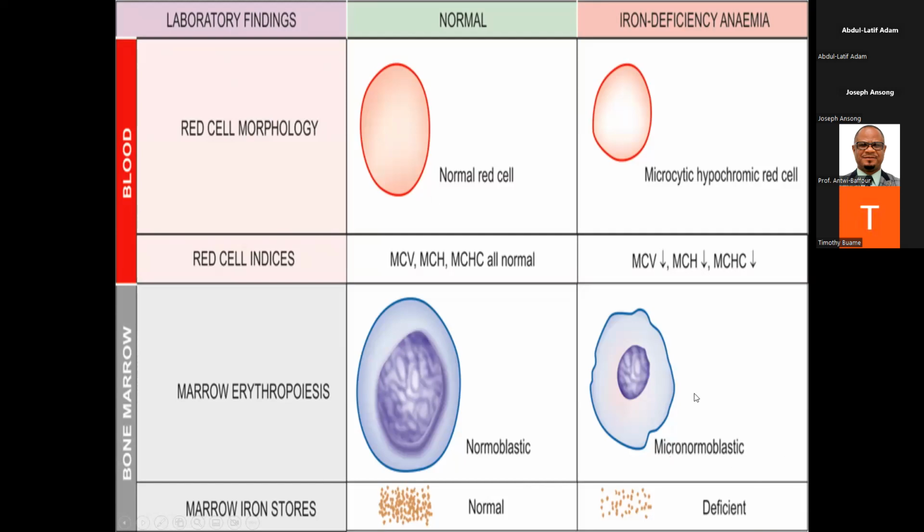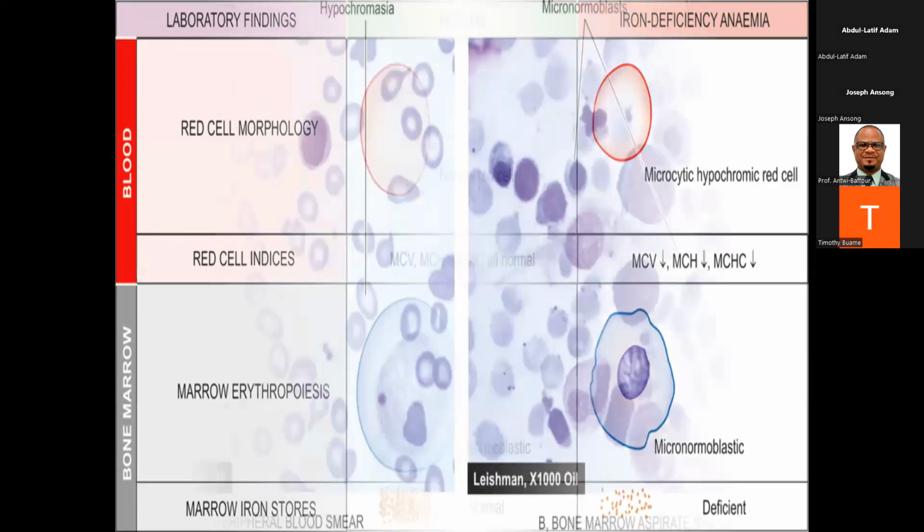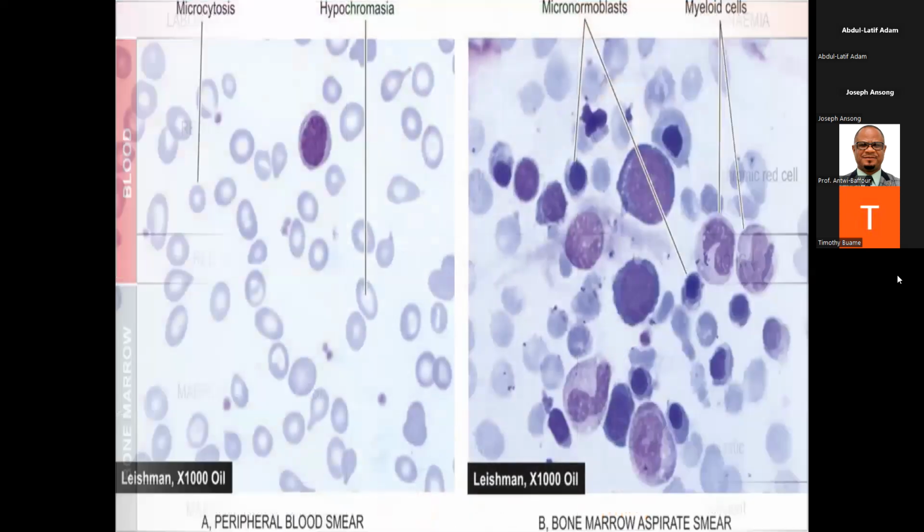The cell is small. And of course, if you do iron staining, iron will be deficient in the bone marrow.